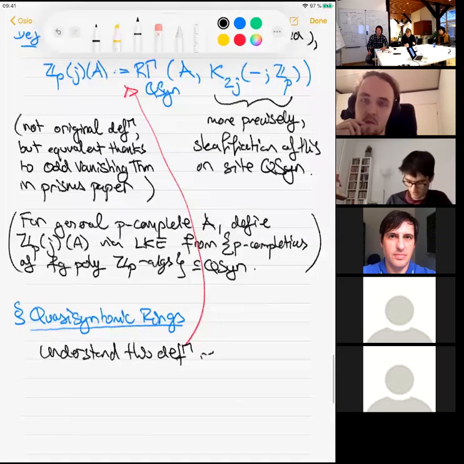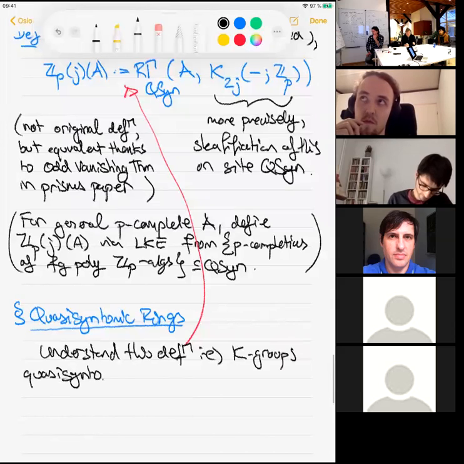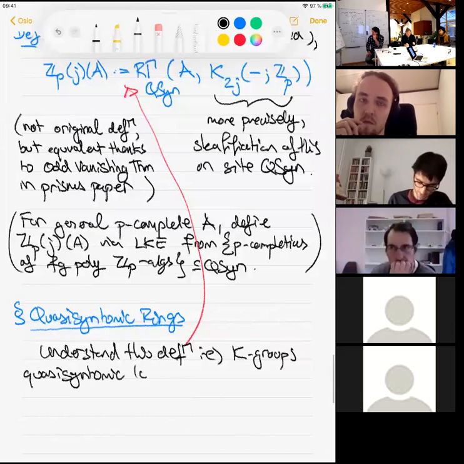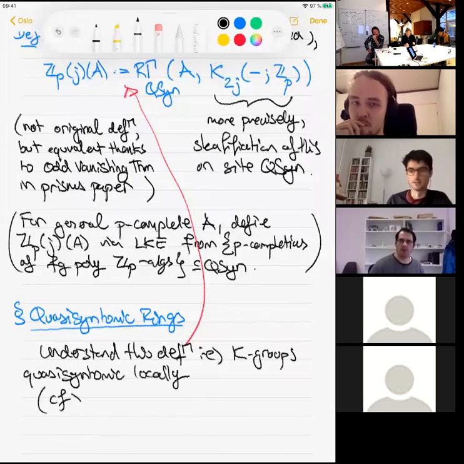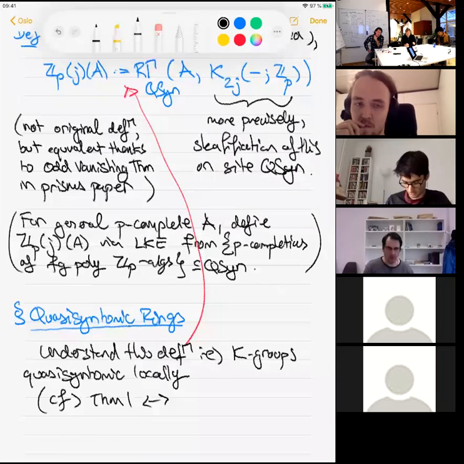Concretely, we need to understand K groups quasi-syntomic locally, and there I want to remind you yet again that the key to theorem 1, away from the characteristic, was really understanding K groups étale locally, away from the characteristic.